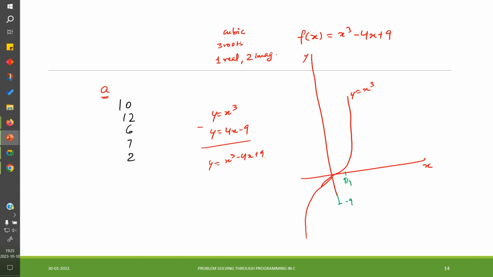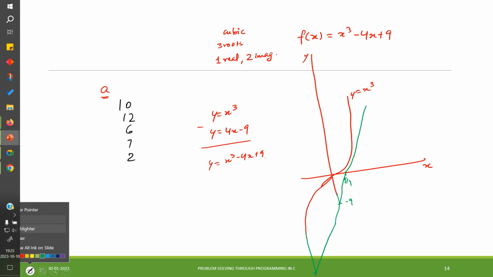It's a bit distorted, but we'll see. So you can see that there will be one root here. Bad color choice.